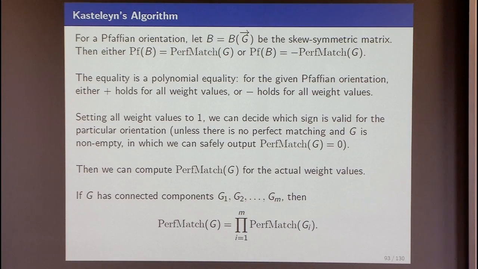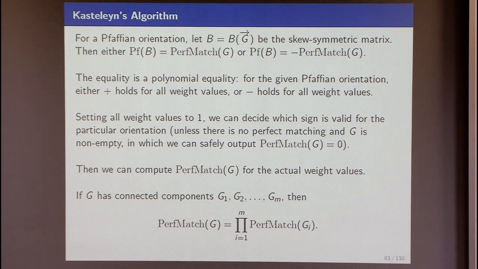This value is either positive or negative, or it could be 0. 0 would mean there's no perfect matching, right? Okay, and since it's all 1s, the number of perfect matchings must be non-negative, so you know which sign it is. And then you go back to the original weights and recompute. That's one way. I think there are other ways.